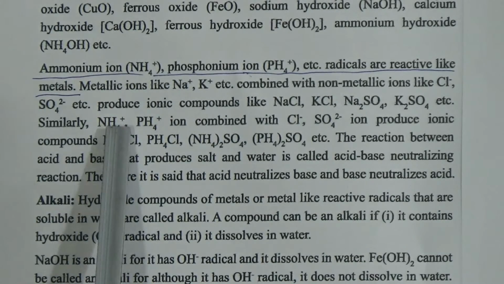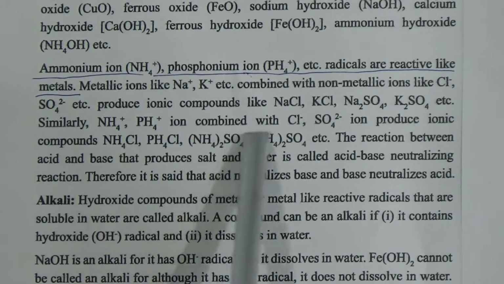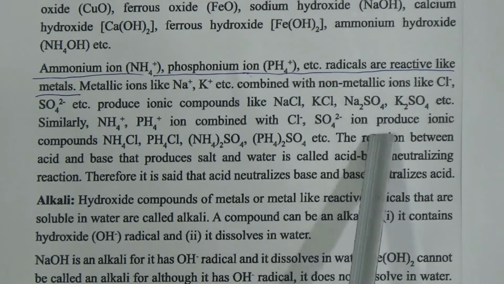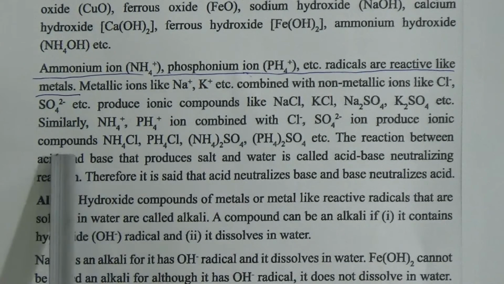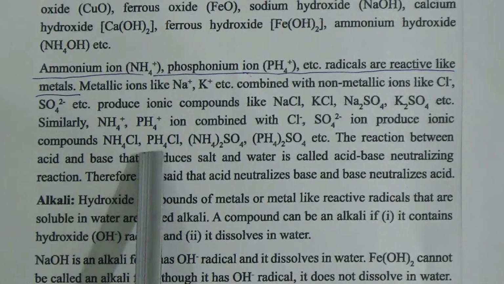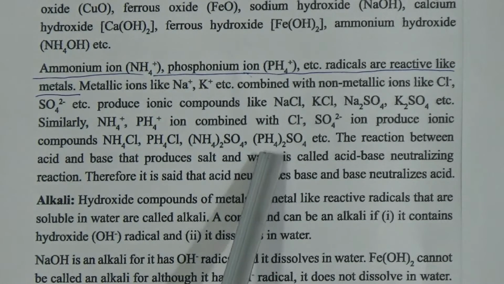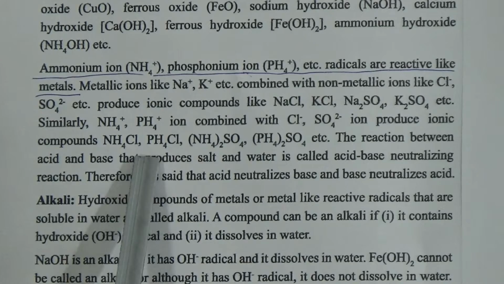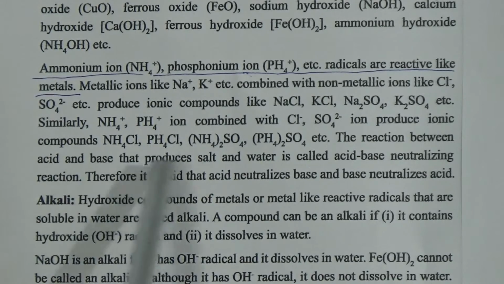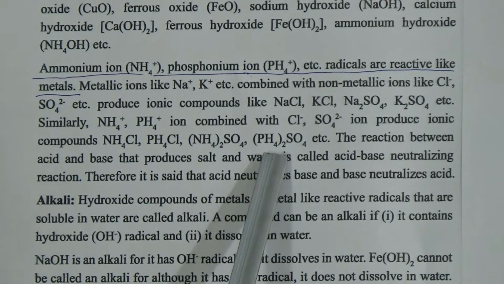Similarly, ammonium and phosphonium ions combine with chloride ion and sulfate ion to produce ionic compounds, that is ammonium chloride, phosphonium chloride, ammonium sulfate, phosphonium sulfate. That means they also act like metal. These two radicals, ammonium and phosphonium, when they react with substances like chloride ion and sulfate ion, also act like metals.